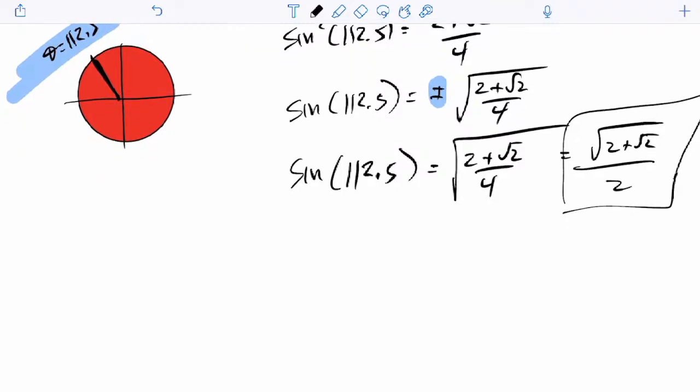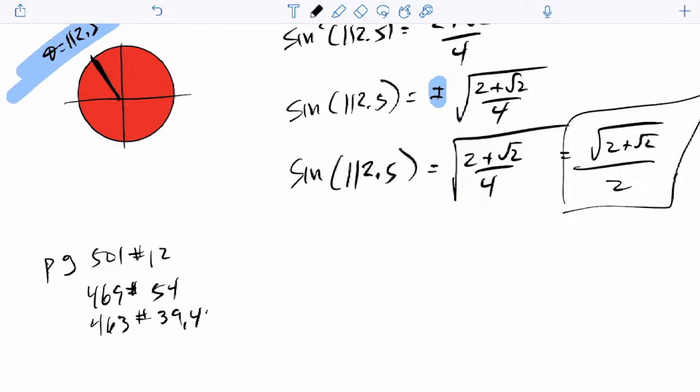Sure, let me jot some of these down. Page 501, number 12. 469, number 54. No problem here. 463, numbers 39 and 40. Okay, we can start with those.